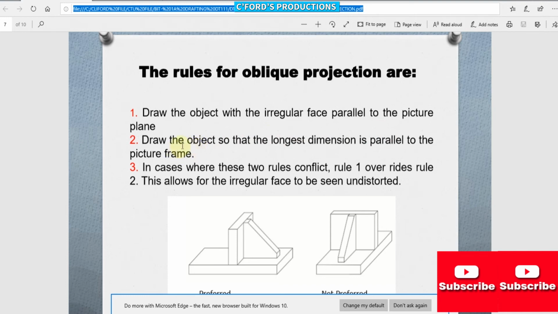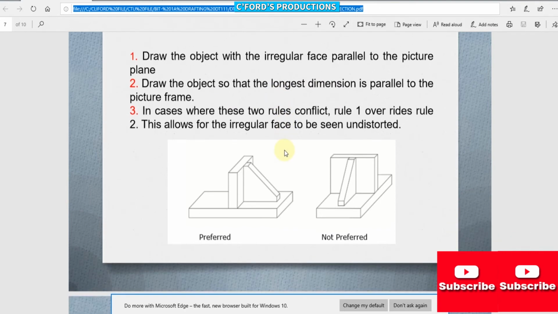Rule number 2, draw the object so that the longest dimension is parallel to the picture plane. Rule number 3, in cases where these two rules conflict, rule number 1 overrides rule number 2. This allows the irregular face to be seen undistorted.